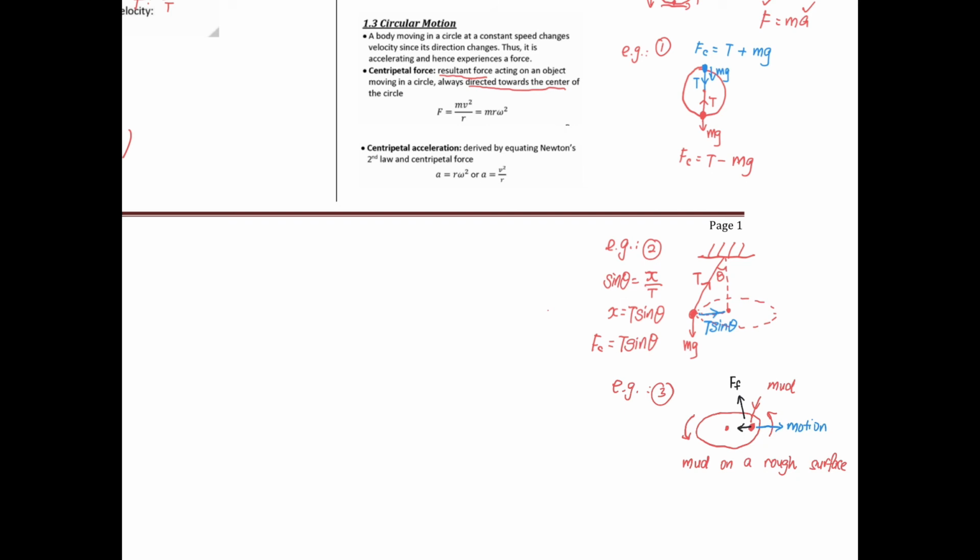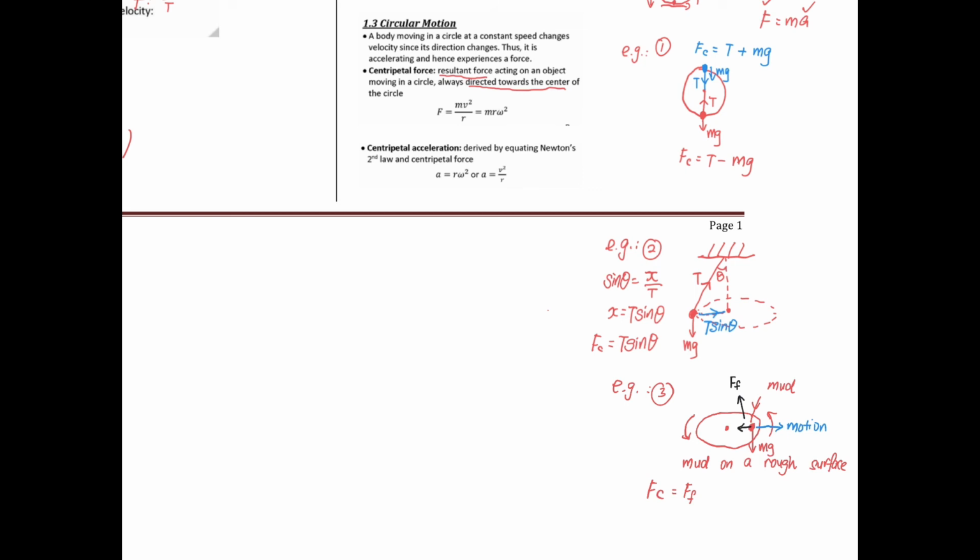Okay, so again, you have to forget about mg, because mg acts downwards, which is perpendicular to the center of the circle. So we can just forget about that, and hence centripetal force is due to the frictional force, FF.